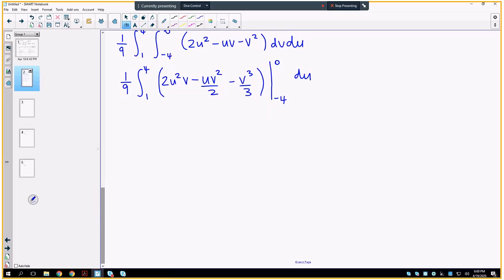So that's 1/9, integration 1 to 4. Plugging in 0 for v, I'm going to get 0 everywhere. Then I'll subtract and plug in the lower bound of -4. So this is 2u squared times -4 minus u times -4 squared over 2 minus -4 cubed over 3.